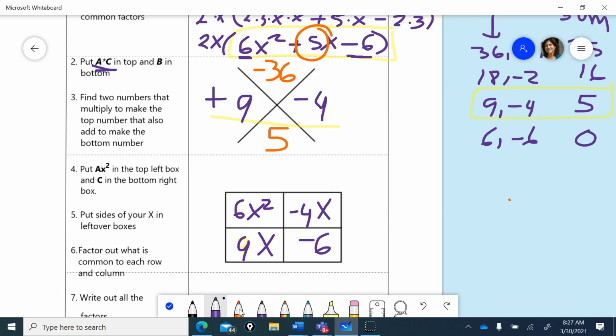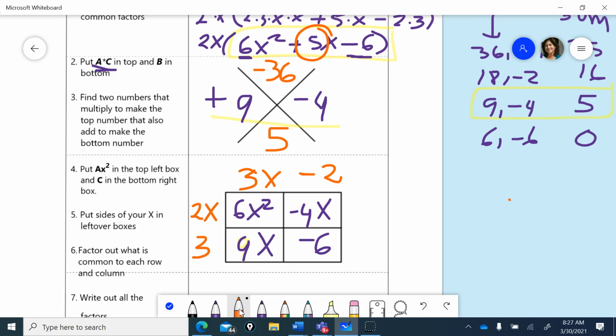What is the common factor for the first row? 2x. For the second row, what do they share? Just 3. First column, what do they share? 3x. Second column, what do they share? Negative 2.